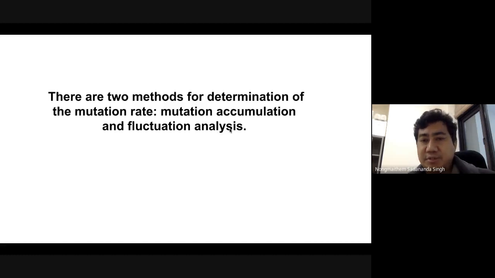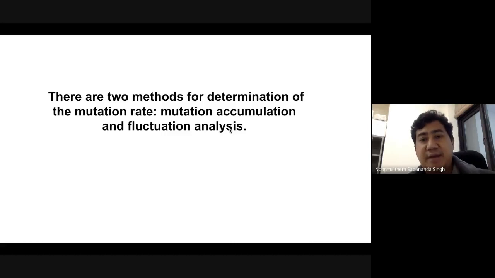The two methods generally utilized are, first, mutation accumulation. What you do is you allow the organism to grow for a certain period of time and look at the overall mutation which is accumulated, you average it out, and then calculate the mutation frequency from there.